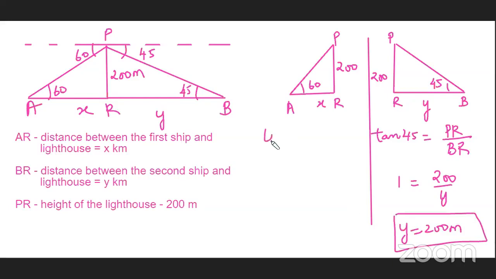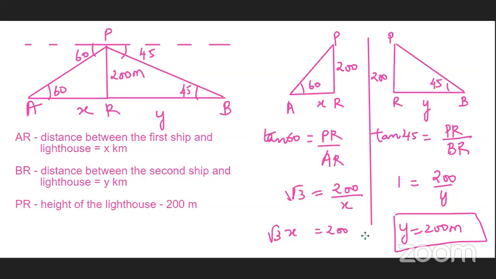Next is tan 60, PR upon AR, which is √3. 200 upon X. So √3X equals 200.